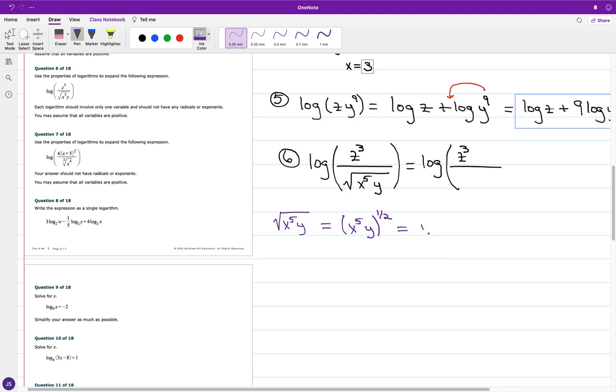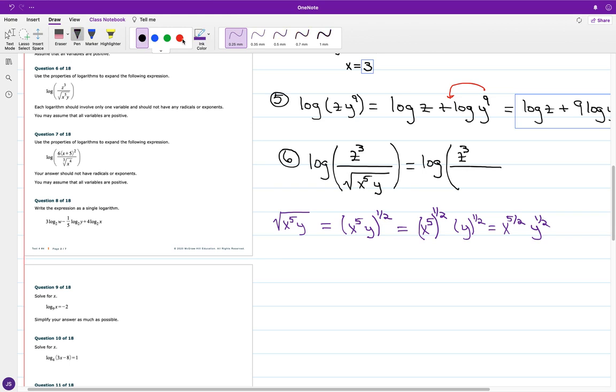So in expanding, we have x to the fifth, its own factor, taken to the 1/2 degree. And guess what? With y, that is also to the 1/2 power. And with the power property of exponents, this will come out to x to the 5/2 times y to the 1/2 power.